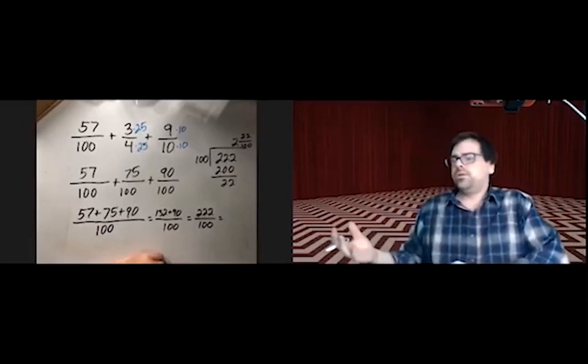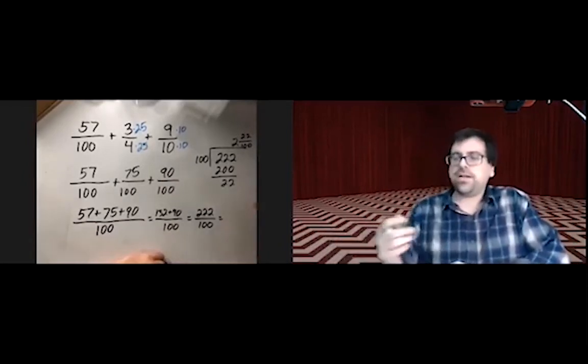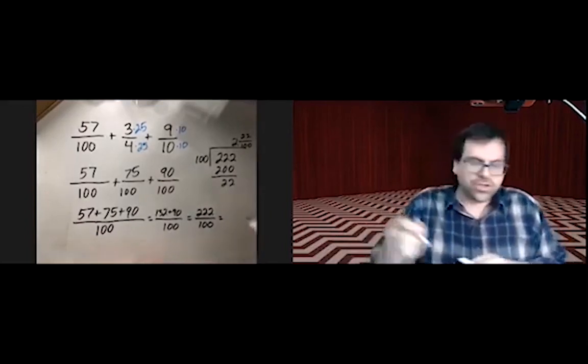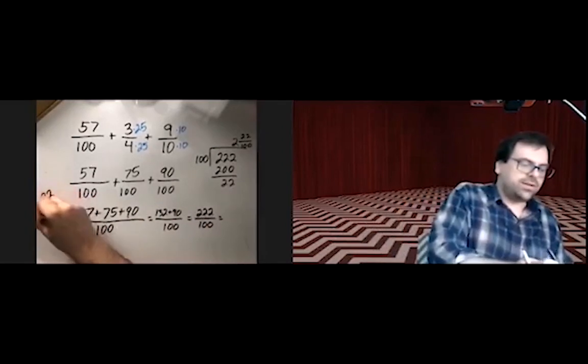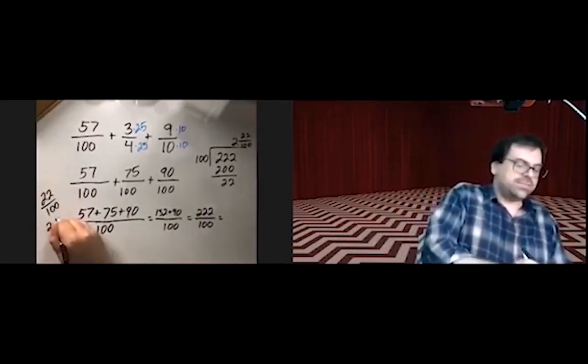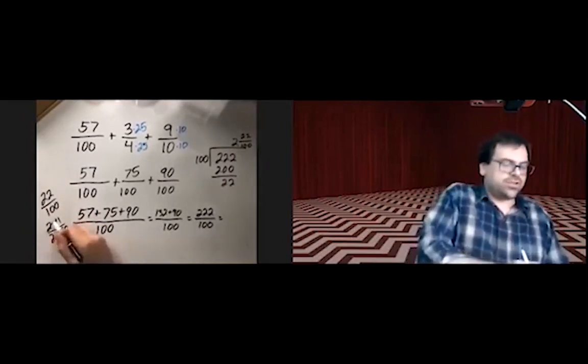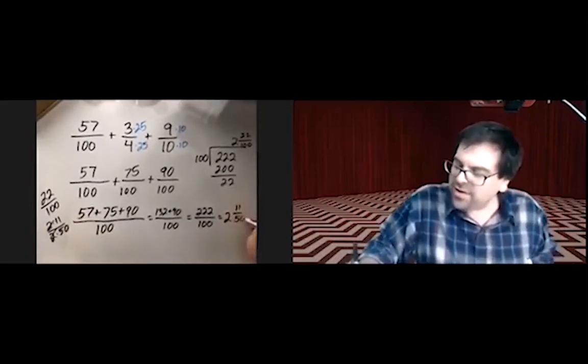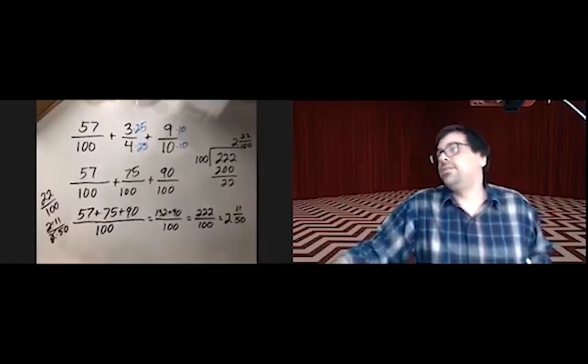What did we do wrong? We converted it to a mixed number. 22 over 100 can be reduced. 22 is 2 times 11. 100 is 2 times 50. The 2's cancel, so this is actually 2 and 11 50ths.